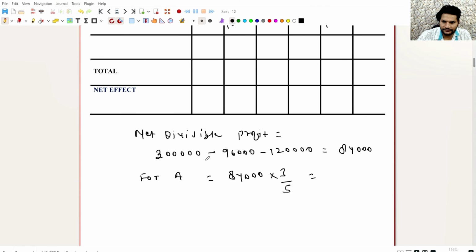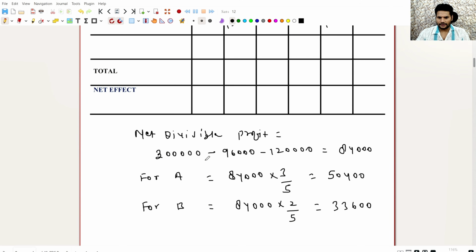The value will be 50,400. And next is for B, 84,000 into 2/5. And this will give you 33,600. Great. Now we have calculated the net divisible profit.